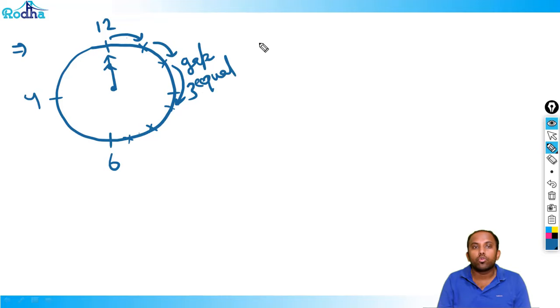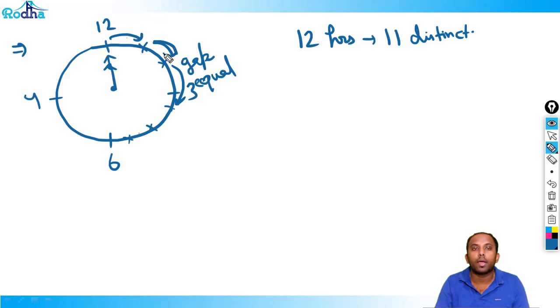That basically means that for the whole 12 hours, we take 11 distinct points here. 11 distinct points means there are 11 gaps also, each gap equal, because it's a circular track, no? So the number of points is equal to the number of gaps. If it was linear, then 11 points would give you 12 gaps. But here it is circular, so 11 points is 11 gaps. So 11 equal gaps consist of 12 hours.